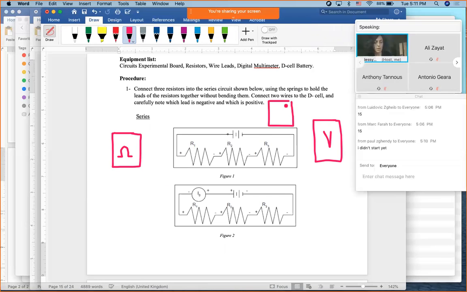I'm going to start with a question that you are supposed to answer. Let's say I need to measure the resistance of resistor 1. How do I proceed?